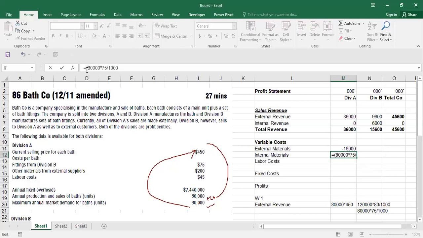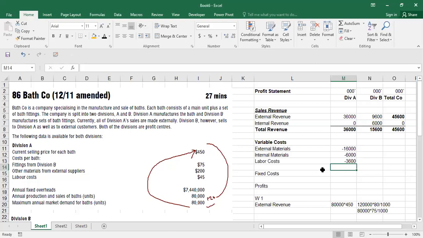So when we make totals, it will not confuse us. This is the external, internal, and what is the labor cost? Labor cost is again 80,000 units they produce, each unit $45, divided by 1,000, times -1. So they've got labor cost as well.